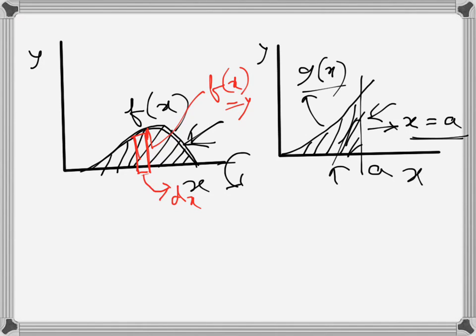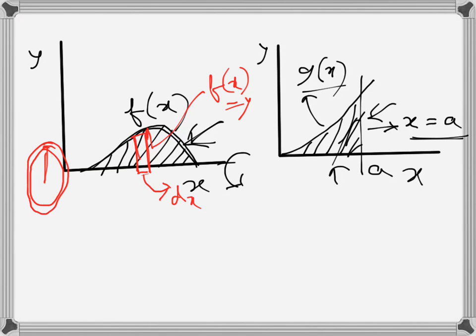If this is rotated about the x-axis, we will get a solid circular disk. It will have the radius f(x) or y.